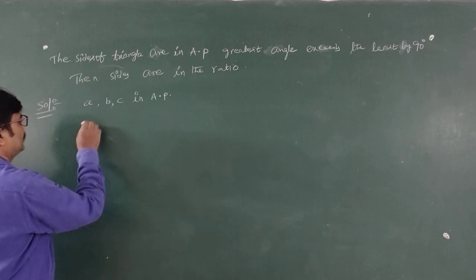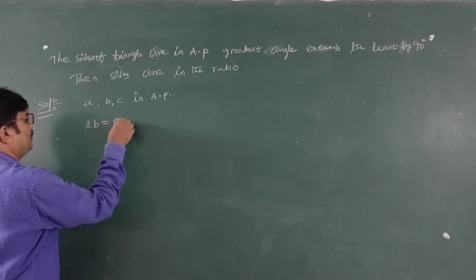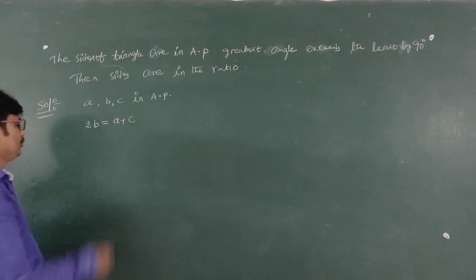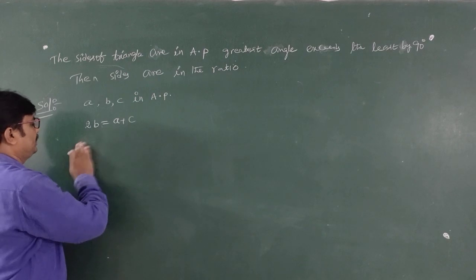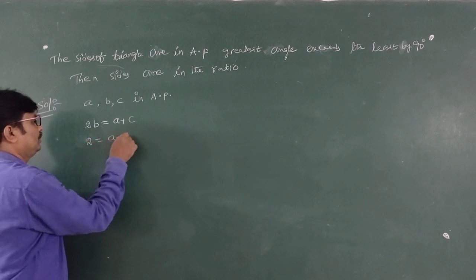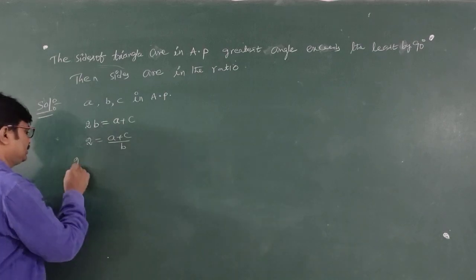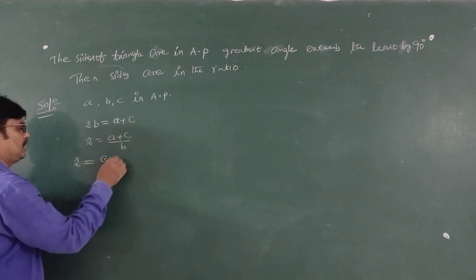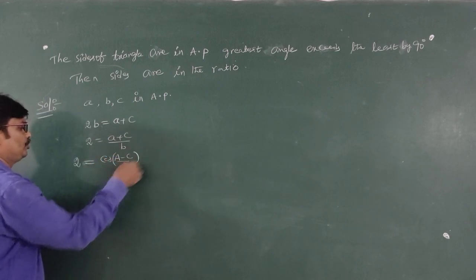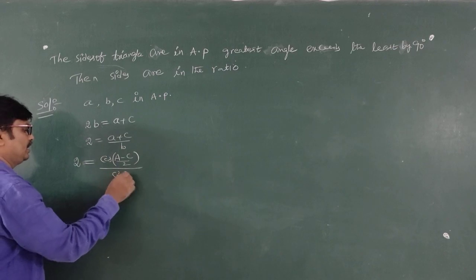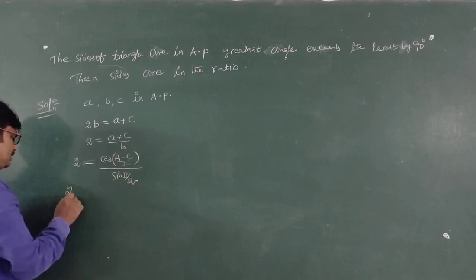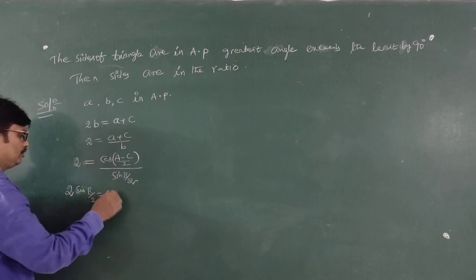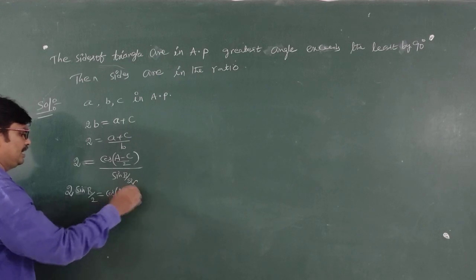So students, we have to know that 2B equal to A plus C. A, B, C are in AP, 2B equal to A plus C. This we can take as 2 equal to A plus C by B. So students, from the Mollweide's rule, A plus C by B is the cos of A minus C by 2 upon sine of B by 2. This is, students, 2 into sine B by 2 is the cos of A minus C by 2.